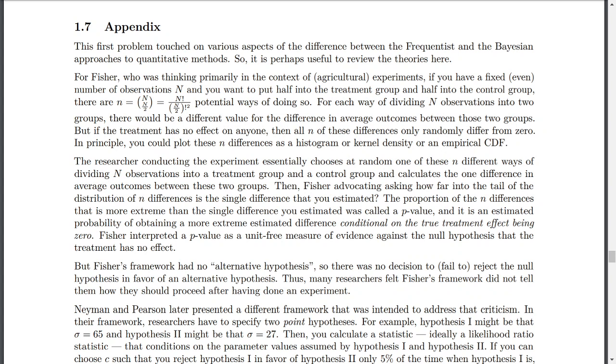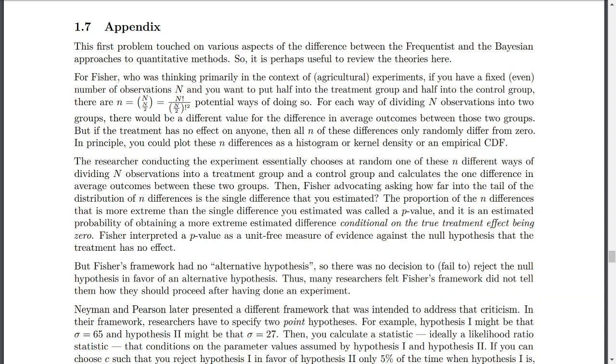So there was no 1.7 question, but I wanted to tie together some of these different perspectives on the frequentist and Bayesian approach to quantitative methods. And there's actually multiple frequentist approaches, and there's a ton of different Bayesian approaches, but they all involve the posterior distribution, so they have some similarity to it.